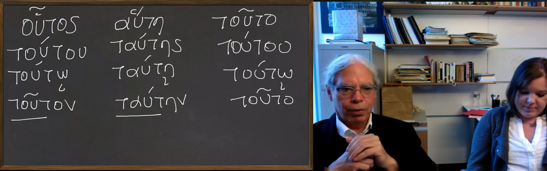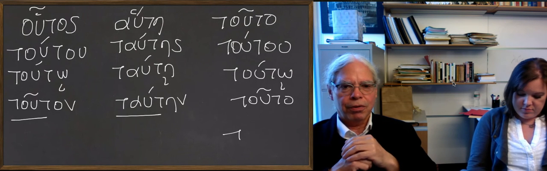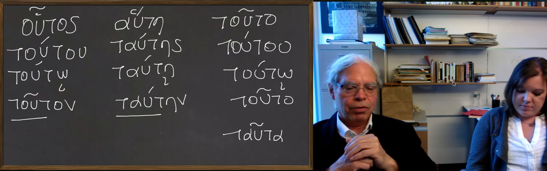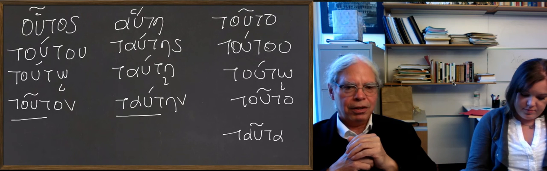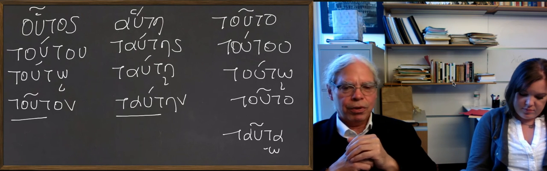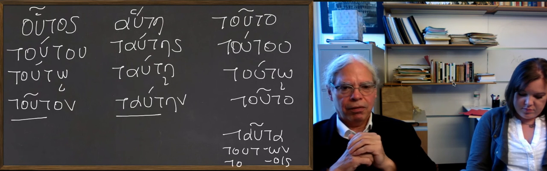The neuter plural, okay, let's just put in the neuter plural underneath the neuter singular, is tauta. Okay, and then it goes tu ton, tu tois, and tauta. Okay, in other words, it reverts to the toot forms in the neuter. You have taut in the neuter nominative and accusative plural, but toot in the genitive and the dative plural.